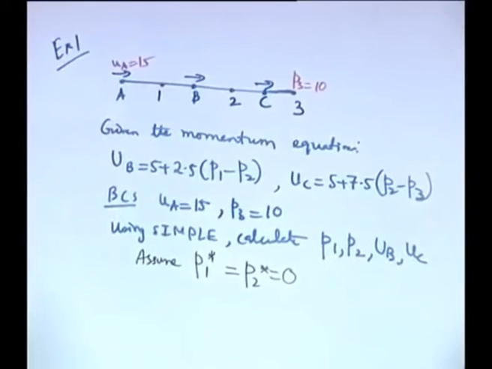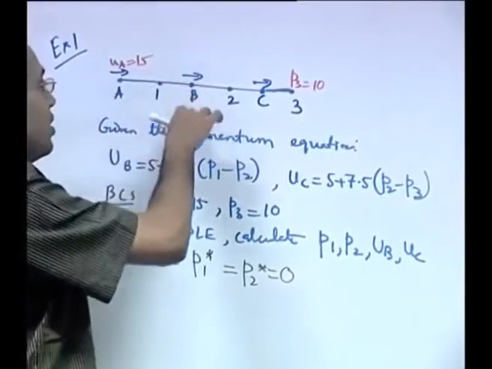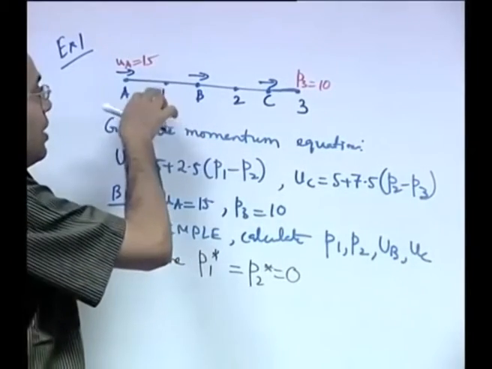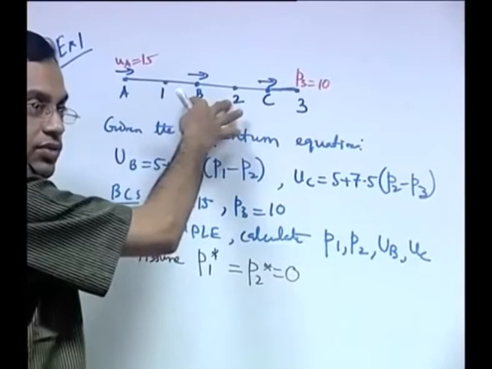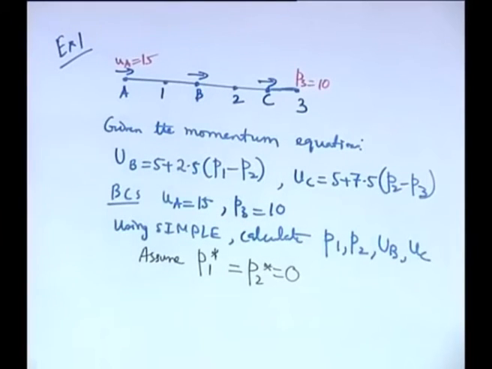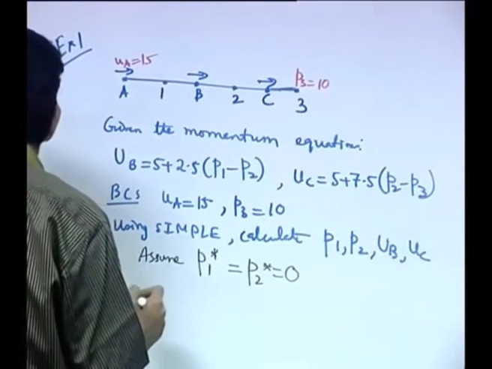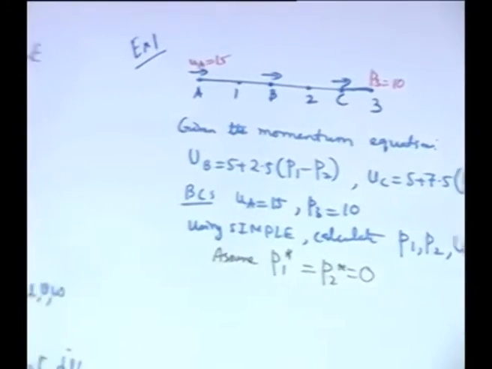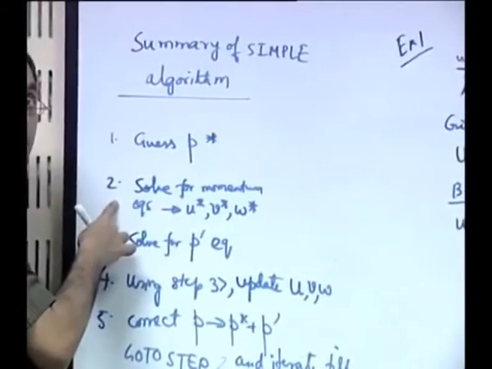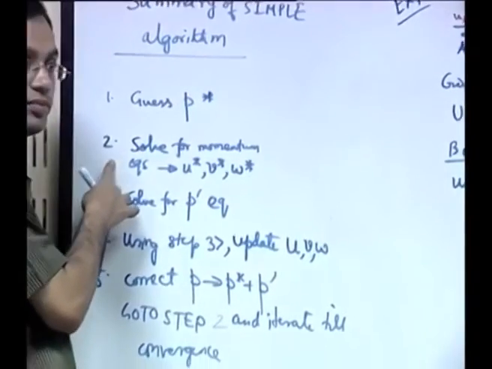If you have a pressure gradient driven flow here, then you do not expect these two pressures to be equal, but let us just see how the algorithm behaves with this. Next step will be to solve the momentum equations to get U star, V star and W star.